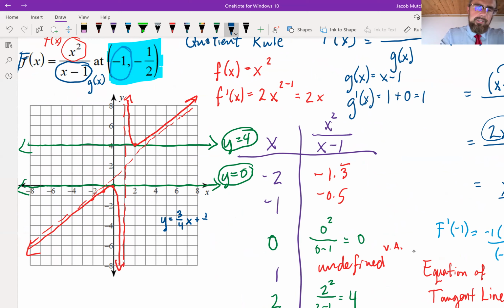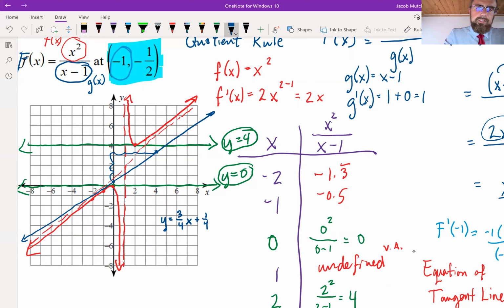I have to estimate the y-intercept as 1/4, so that's roughly there, positive 1/4. And then it rises 3, so 1, 2, 3, and then it runs over 4, so 1, 2, 3, 4. And there's my tangent line.